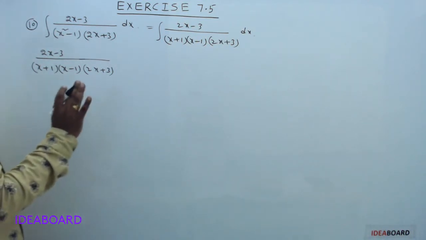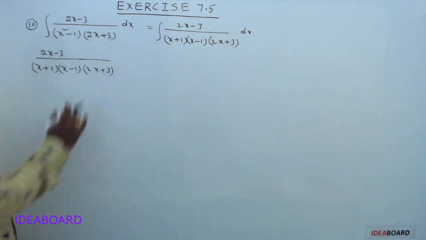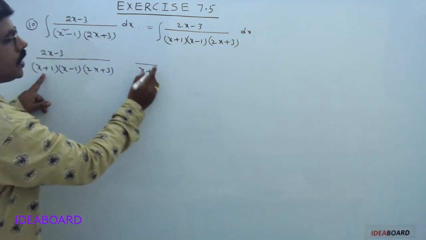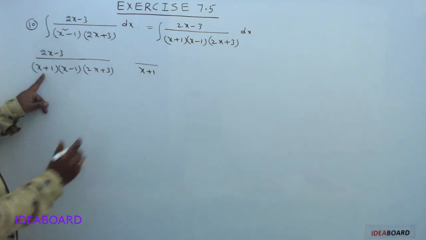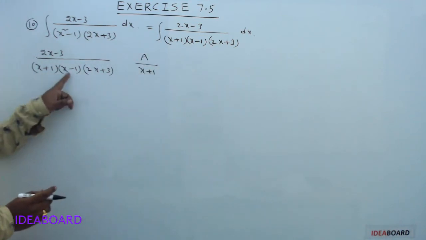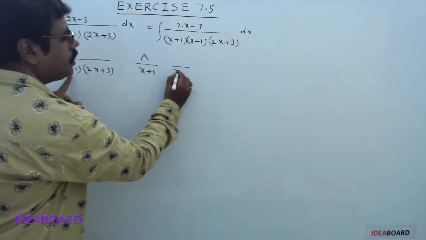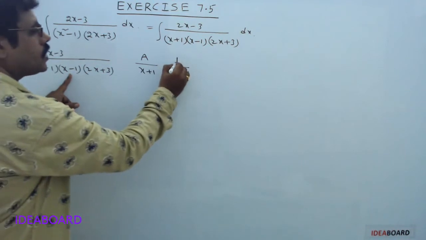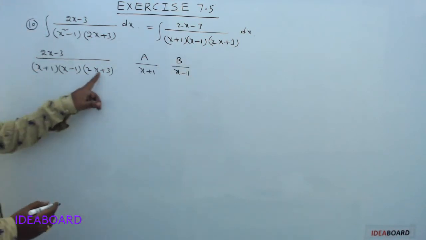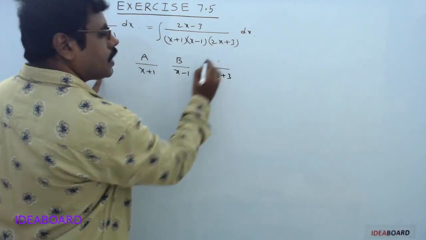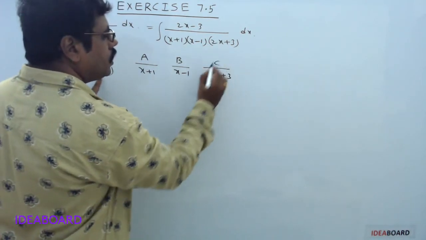Now write the partial fractions to this fraction. Corresponding to x plus 1, there exists a constant term in its numerator. Take that constant term as a. Corresponding to this non-repeated linear factor, there exists a constant term in its numerator. Take that constant as b. Corresponding to this non-repeated linear factor, write down a constant term in its numerator.